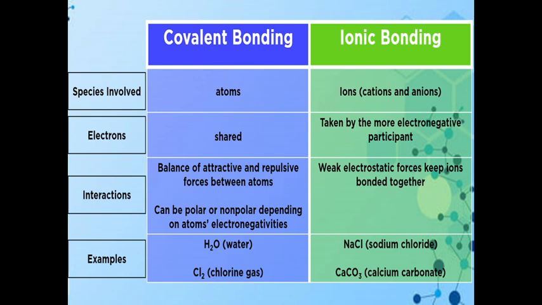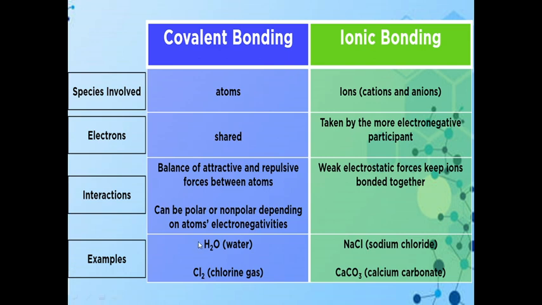In a covalent bond, it is the sharing of electrons. In their interaction, there is a balance of attractive and repulsive forces between atoms. There are positive and negative charges, so positive and negative attract, while the same charges repel. A covalent bond can be polar or non-polar depending on its electronegativity.